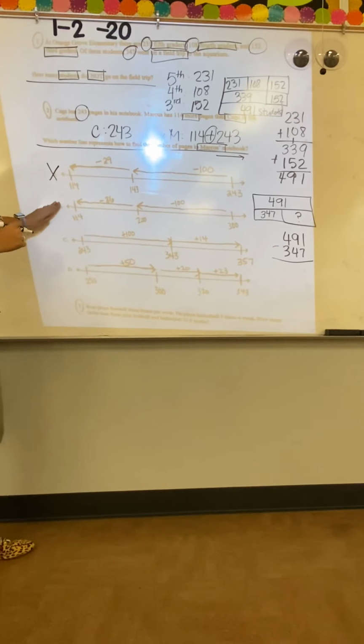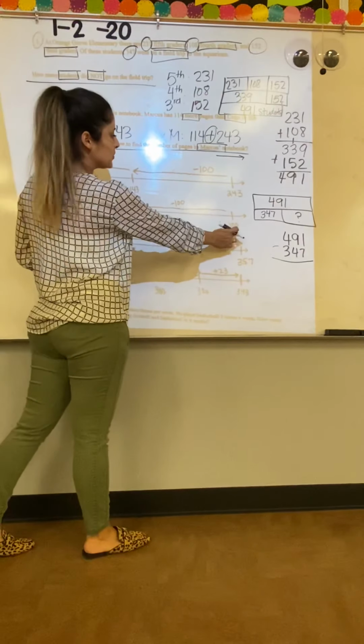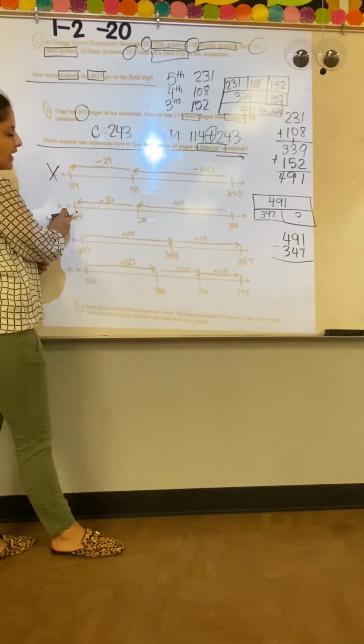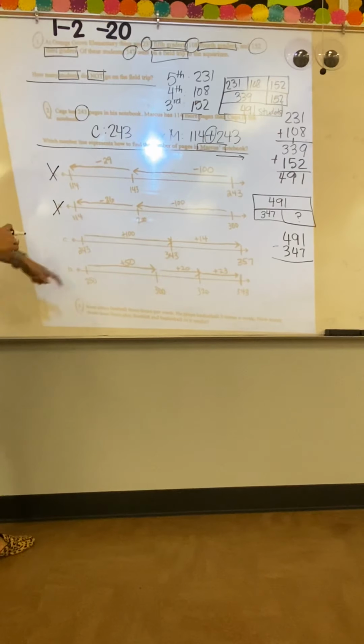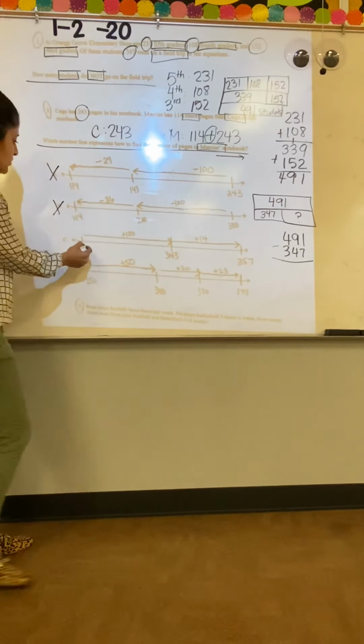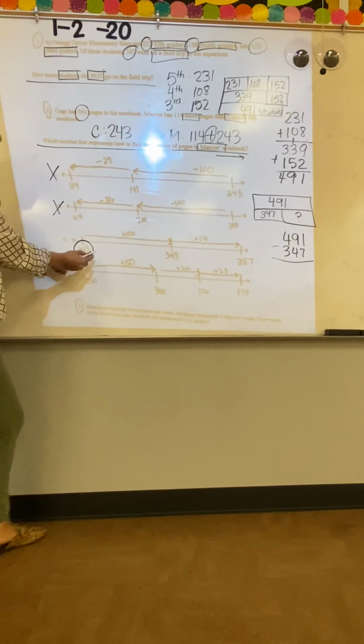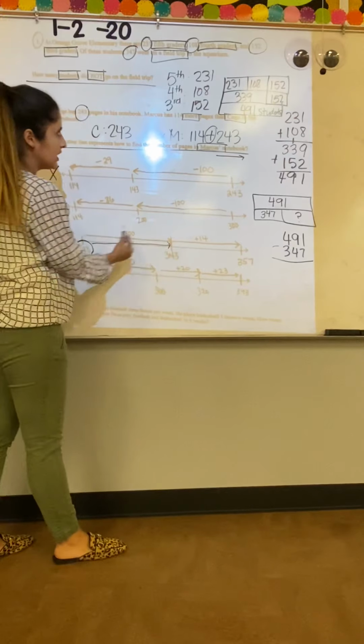When I go to B, it looks like we were at 300 and again, subtracting, decreasing our amount. So I'm going to eliminate B. When we go to C, we're at 243, which was Cage's number, and I'm moving towards the right, so I'm increasing.